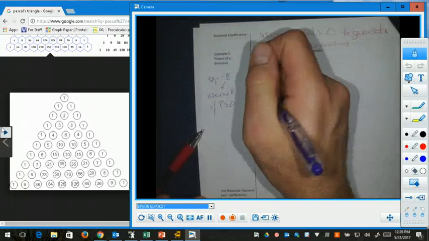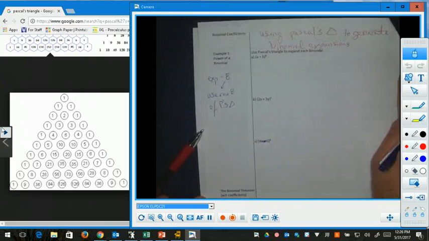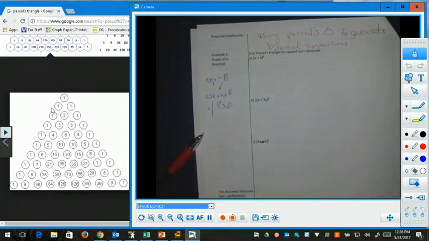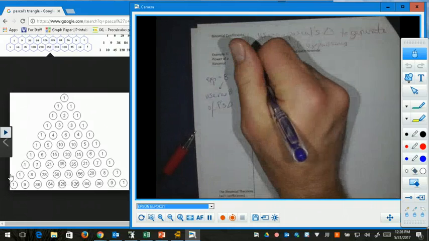I'm going to go to row 8, and I'm going to leave lots of space between the things that I use from row 8. So there's row 0, 1, 2, 3, 4, 5, 6, 7, 8. Here is row 8 of Pascal's triangle.